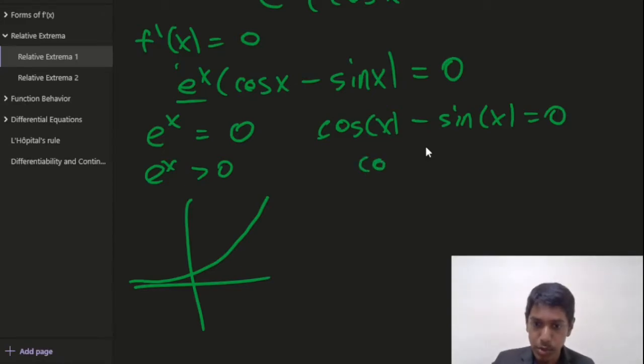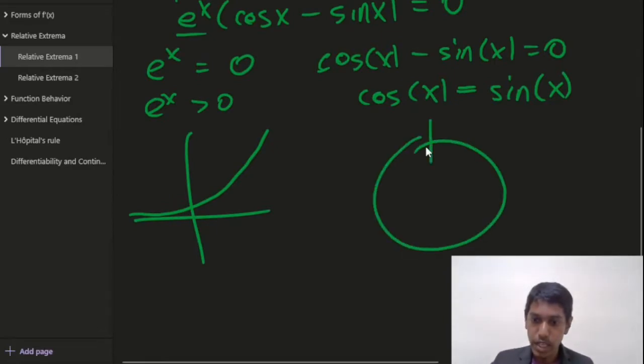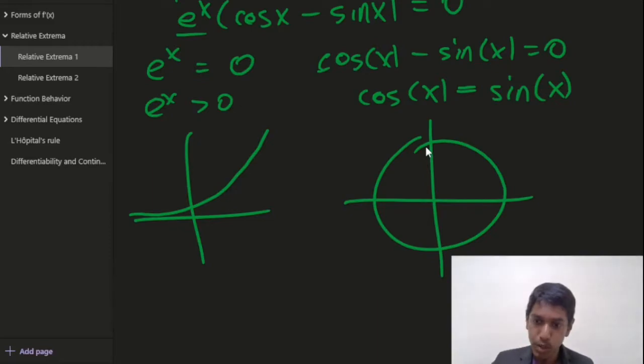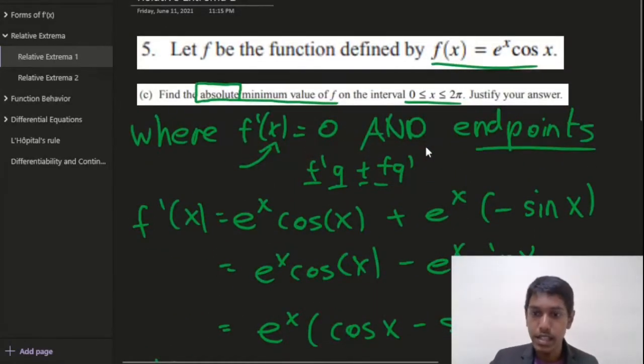So I'm going to add sine x to both sides. Now we're just trying to solve this equation. So now we look at our unit circle, right? Where's cosine equal to sine? Well, they both will have the same signs right here and right here. And remember, we are working in 0 to 2 pi. How convenient, right?